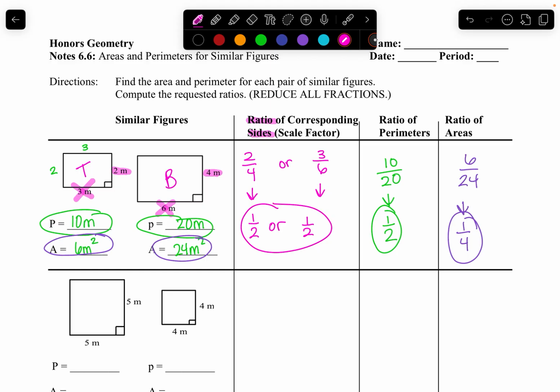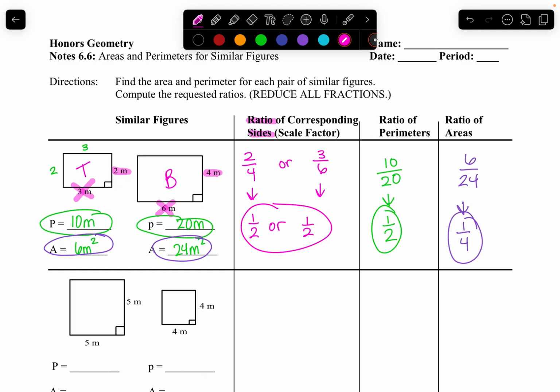Normally if you were in class, I would ask you, how are the ratios of sides and perimeters related when I compare them to the ratio of the areas? A lot of kids have a hard time seeing it, but essentially the ratio of your areas is the same as the ratio of your sides and perimeters squared.